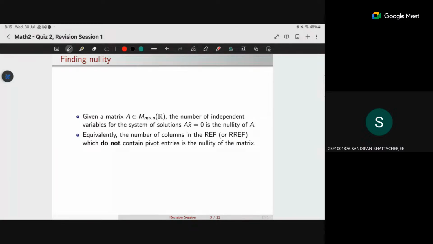So let's take an example. Let's take something 3 cross 4, maybe, just randomly write stuff. If I want to calculate the nullity of this matrix, I'll have to reduce this to REF or RREF.